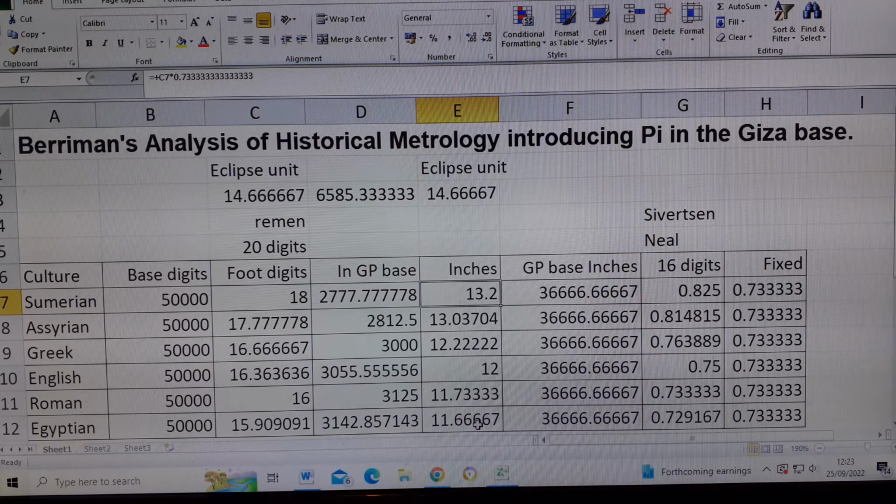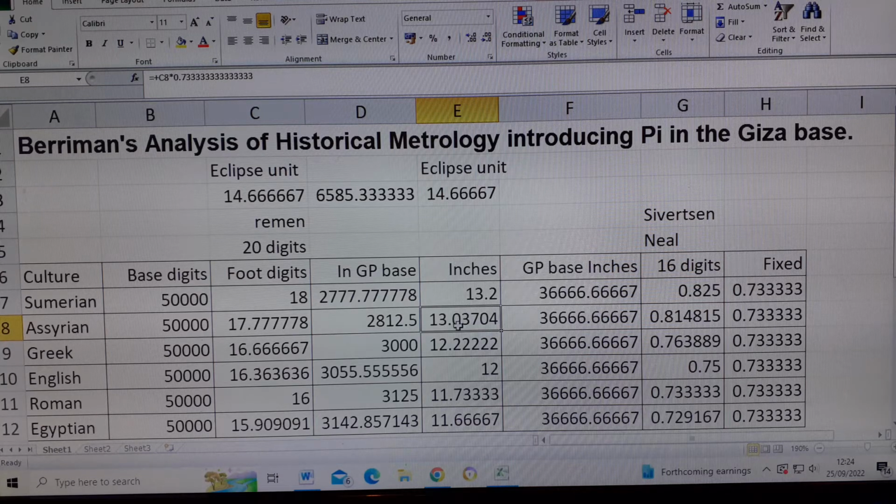So each one of these feet here is the number of digits in this column multiplied by 0.7333. So that's C8 multiplied by 17777 Assyrian digits in the Giza base of 50,000 digits, which means that there are 2812.5 of these Assyrian feet in the Giza base.